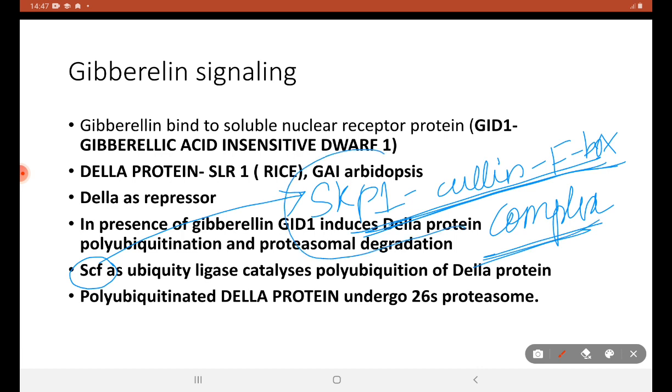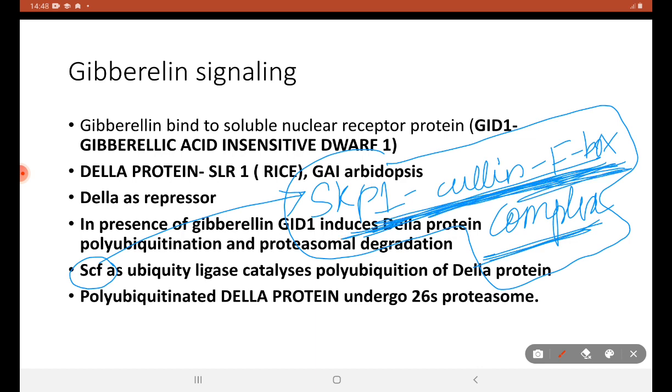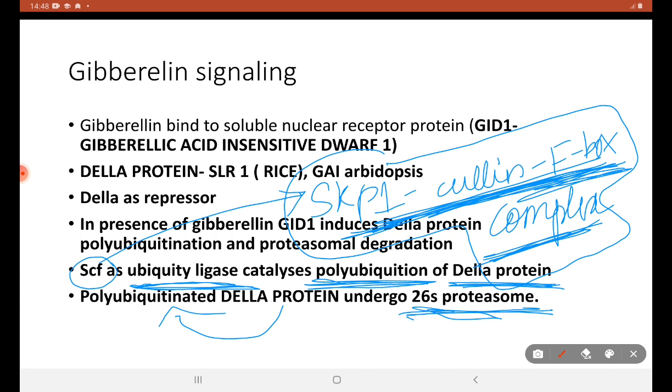In the case of gibberellin, we see the SKP1 cullin F-box complex, which acts as a ubiquitin ligase that catalyzes the polyubiquitinylation of DELLA protein. And DELLA protein will undergo degradation with the help of the 26S proteasome.